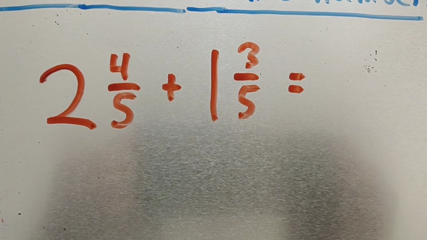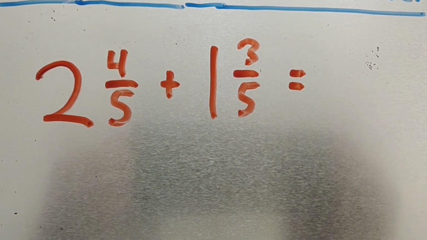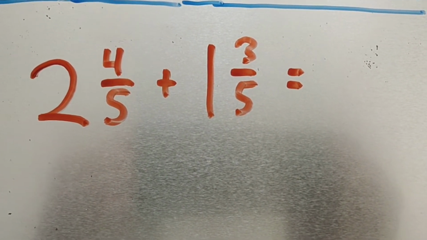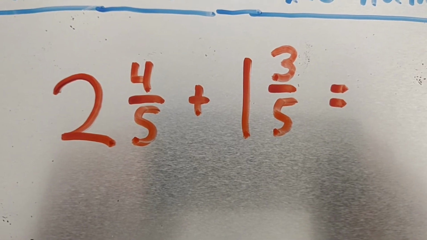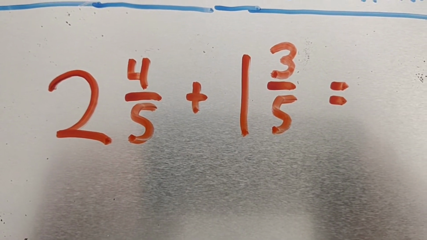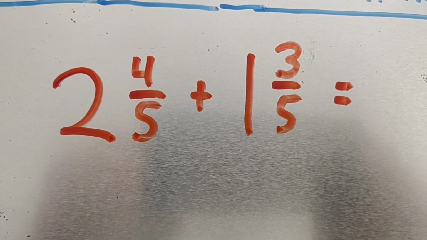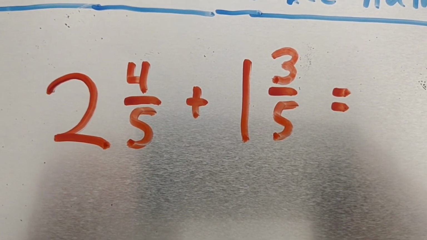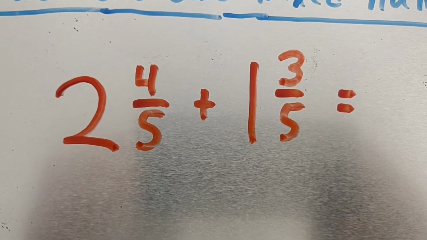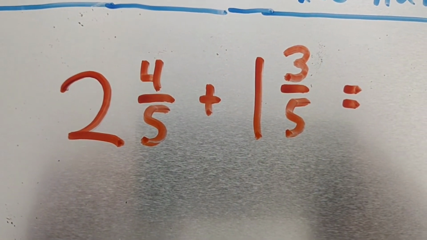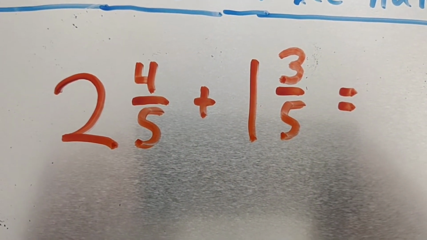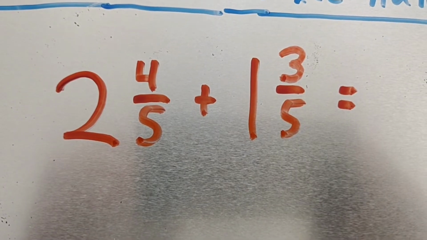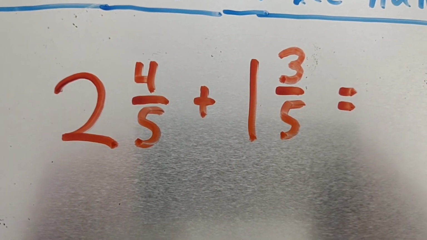So when we're adding mixed numbers like 2 4/5 plus 1 3/5, I'm going to go ahead and skip the way I broke apart those numbers earlier in the video. First I'm going to draw models showing those 2 wholes and that 1 whole, the 2 wholes from 2 4/5 and the 1 whole from 1 3/5.